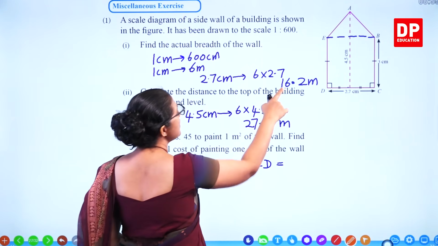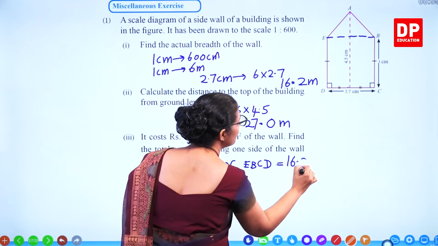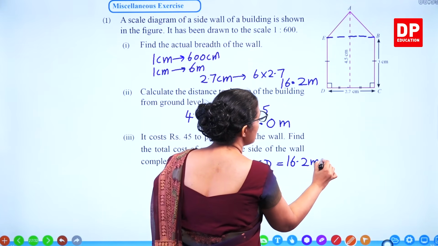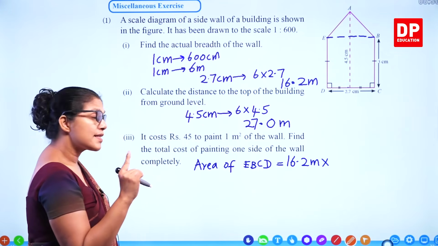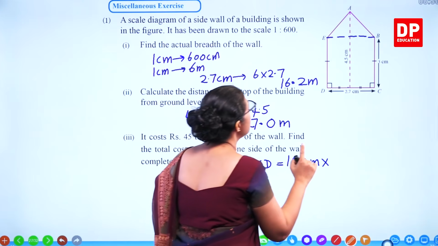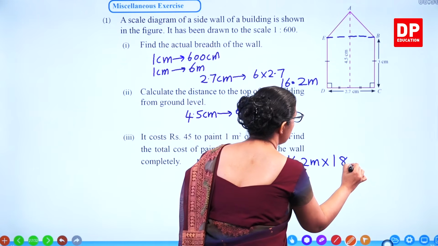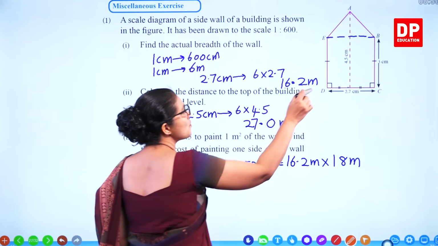2.7 we converted, that's 16.2 meters. And what about 3 centimeters means? 3 times 6, 18. 18 meters this way.